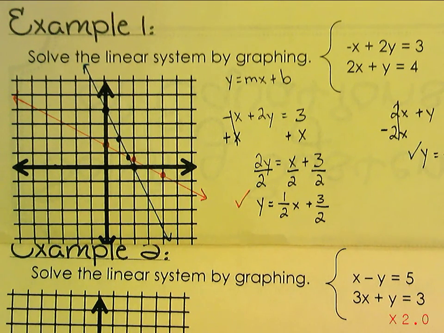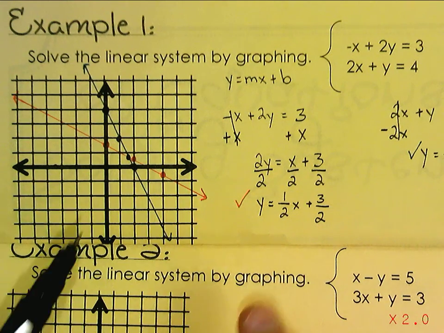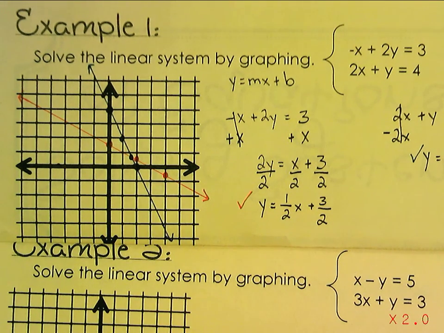Okay, so I see the mistake that I made, which is that I went down 1 and over 2 instead of up 1 and over 2. So that red line we need to replot, and I do apologize.